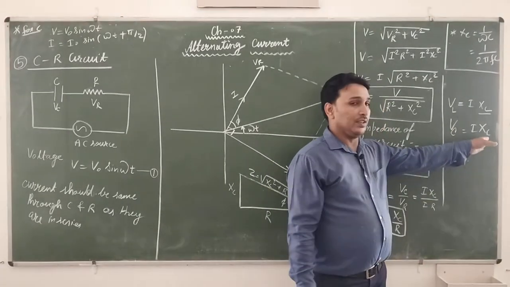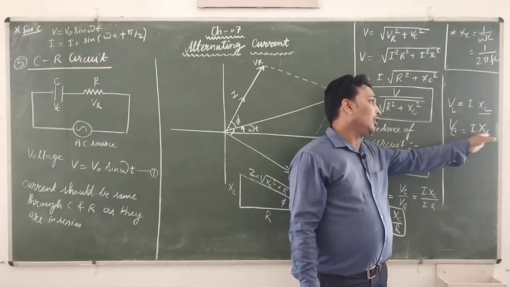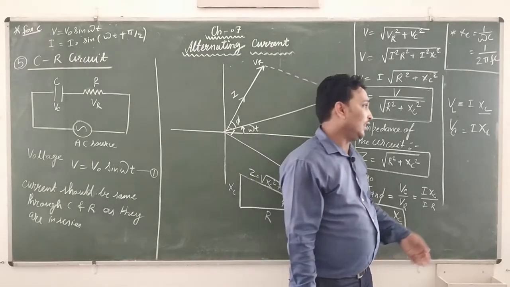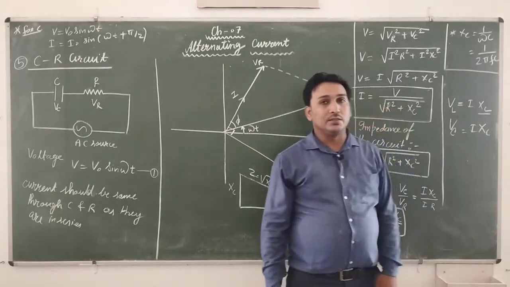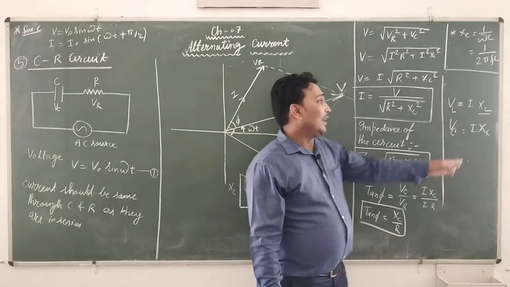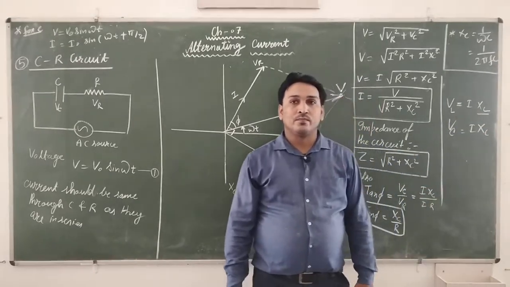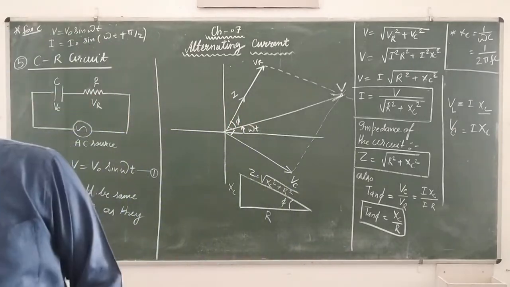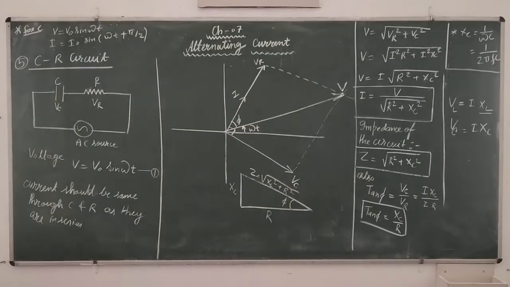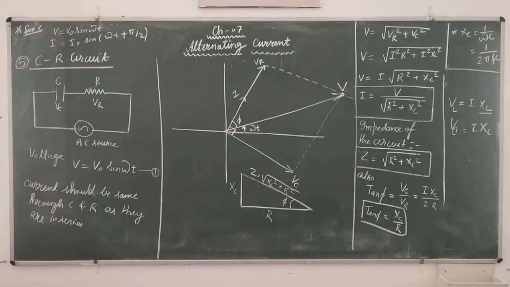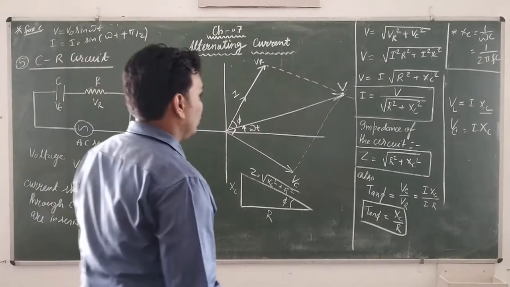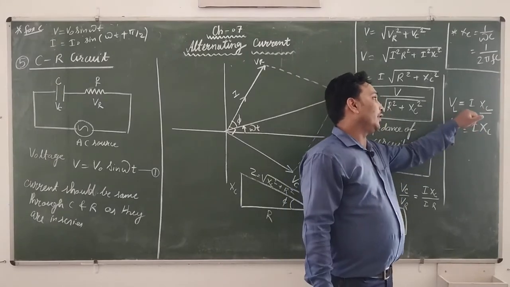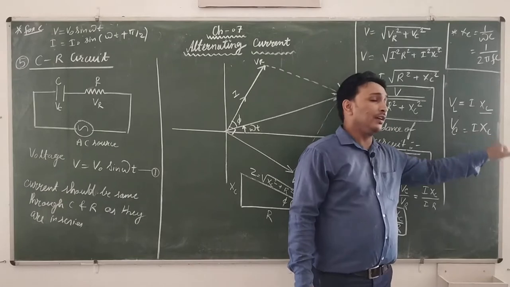Same goes with VC. VC is equal to the current multiplied by the resistance offered by the capacitor, and the resistance offered by the capacitor to the AC is given by what? XC. XC is capacitive reactance. XL is inductive reactance. So it can be written like V is equal to IR: for an inductor we can write I XL, for a capacitor we can write I XC.